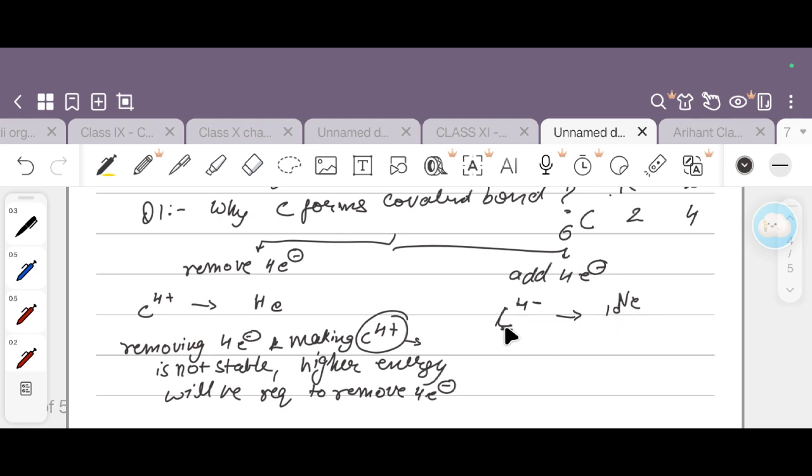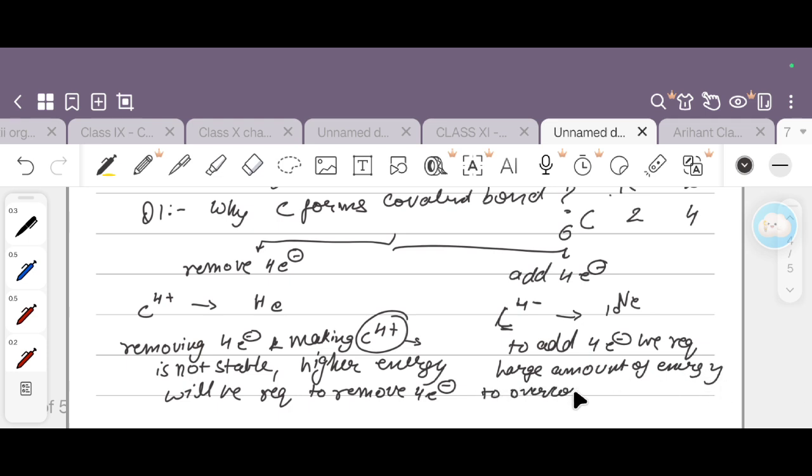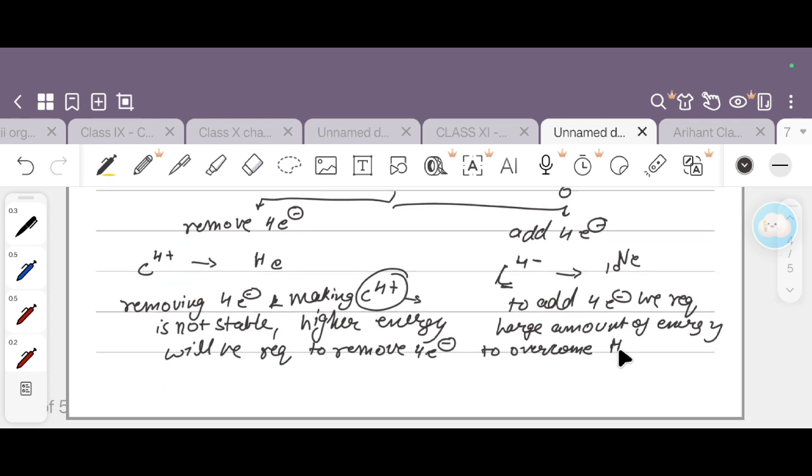Now to add 4 electrons, we require a large amount of energy to overcome the forces of repulsion between 4 electrons in the carbon atom.